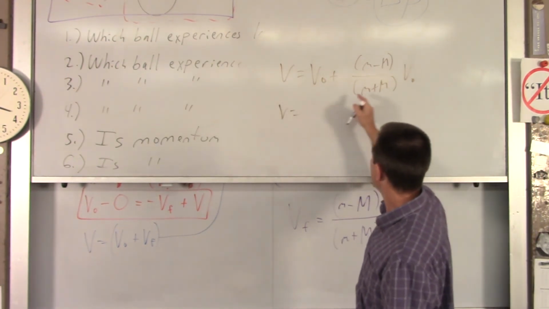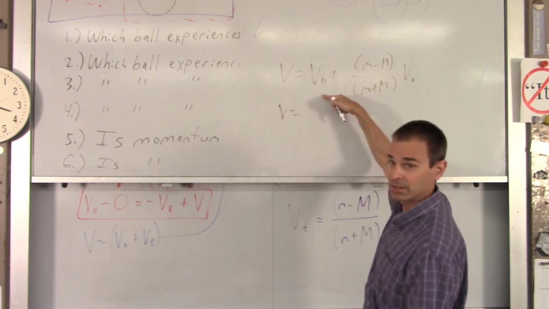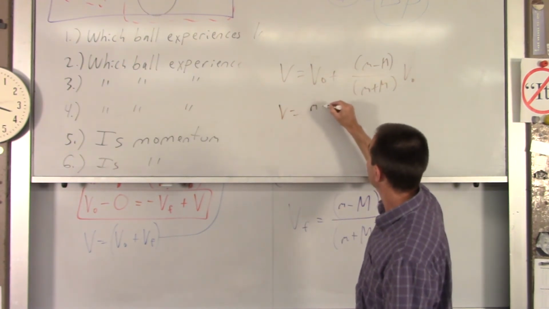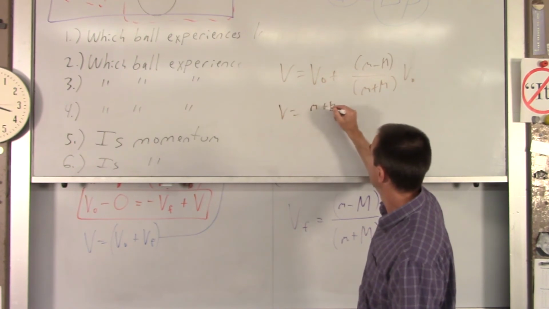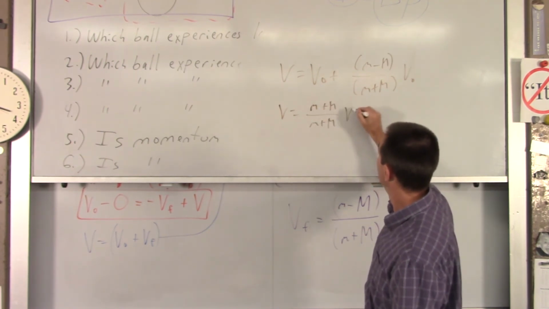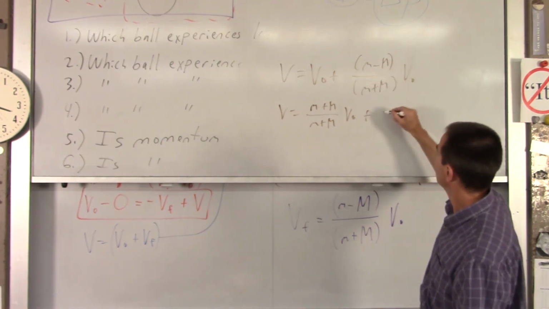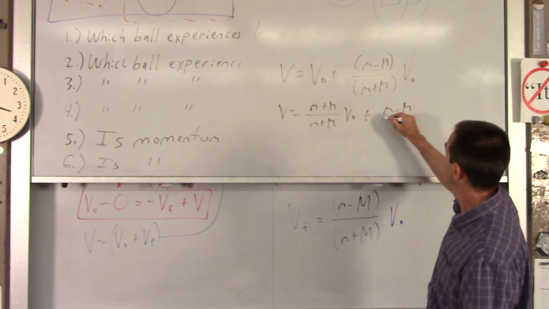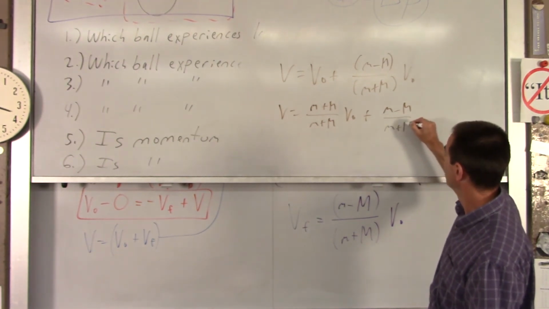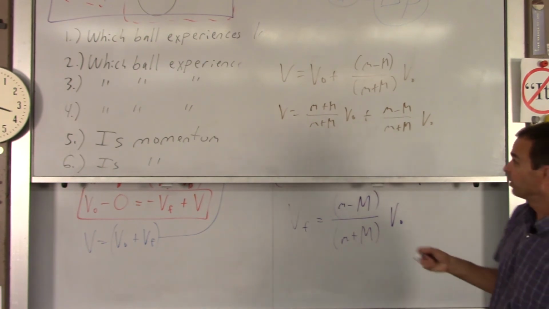So I'm going to multiply this by little m plus big M over little m plus big M. So I get little m plus big M over little m plus big M, v naught, okay? And then plus this, which is little m minus big M over little m plus big M, v naught.